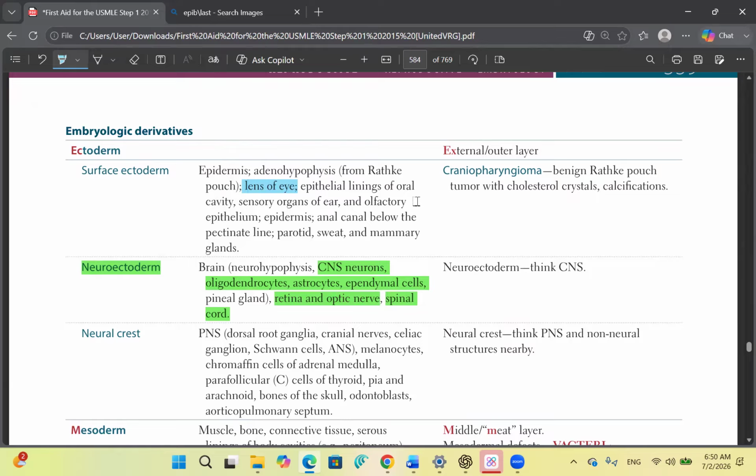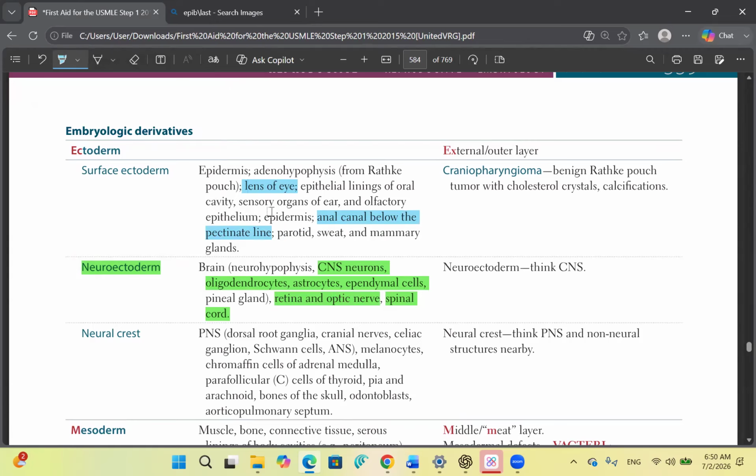Then there are the epithelial linings of the oral cavity, the sensory organs of the ear, and the olfactory epithelium. Epidermis, again, and the anal canal below the pectinate line, which is kind of an anomaly. Since neuroectoderm had the pineal gland, this one has the parotid gland, sweat glands, and mammary glands.